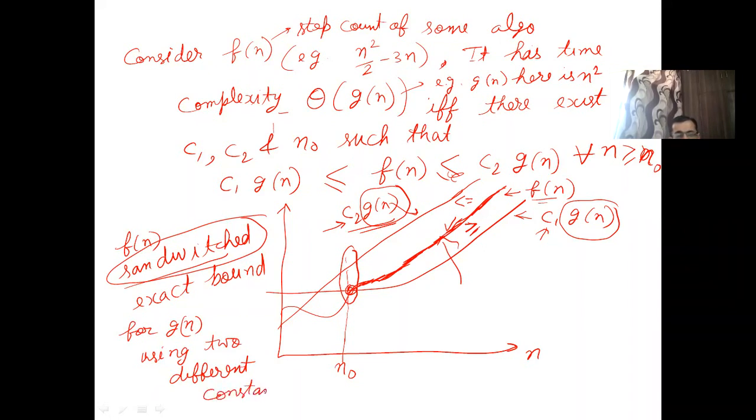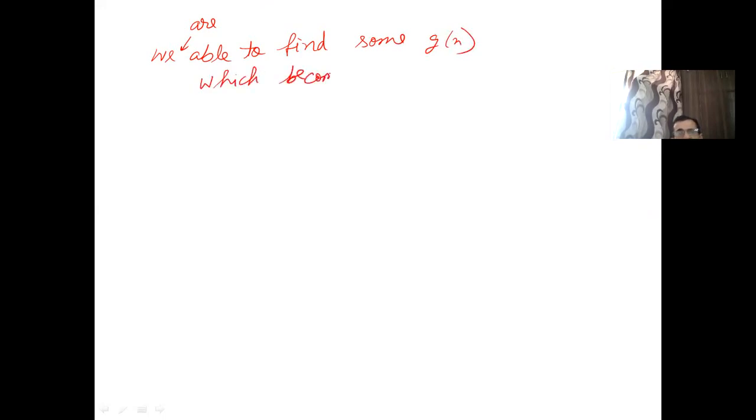What is the crux behind this? Effectively, what we have said is that we are able to find some g(n) which becomes a lower bound as well as an upper bound.